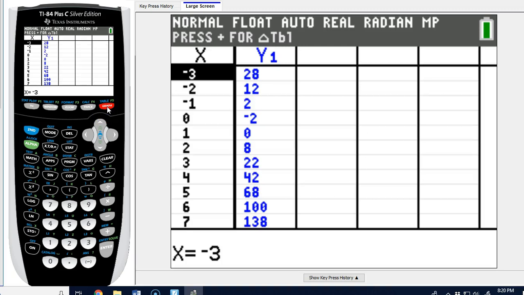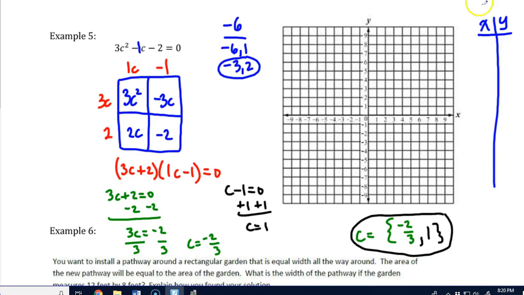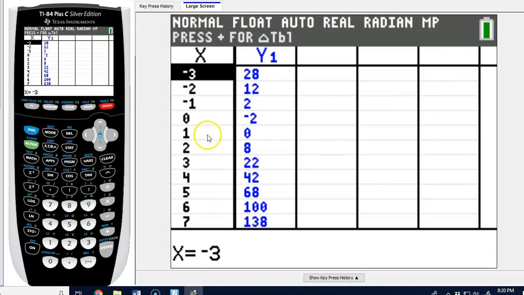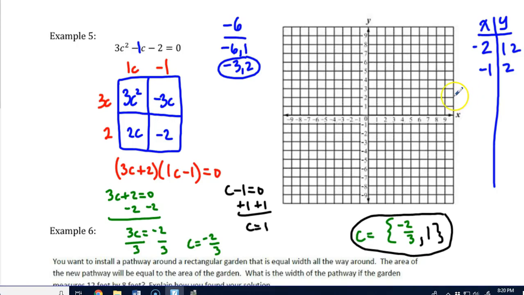All right, so let's take a subset of this table. I can't graph anything above, well, 10 really, but I'm going to squeeze a 12 in there. So from -2, 12, -1, 2, those are the points I'm going to start plotting. And we have 0, -2, 1, 0, and 2, 8.